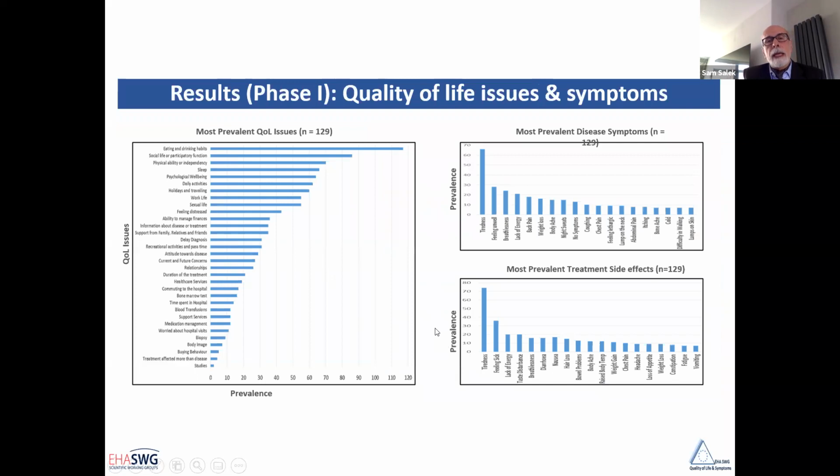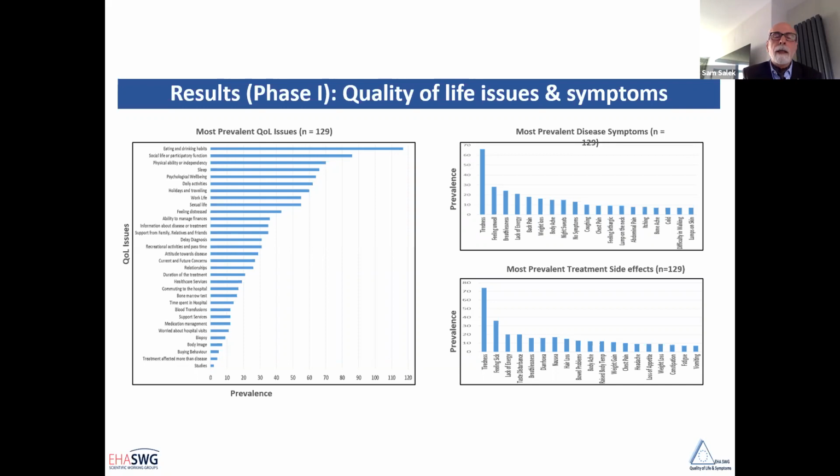Now, one of the important things is that what we actually managed to find in our systematic review in terms of the issues relevant to patients with hematological malignancies were replicated when we did our qualitative interviews, with what patients told us. So we can see how well we can superimpose both. You develop a framework from what you get from the literature, and then you do your empirical work, actually asking the patients what is important to them and what issues are coming up, both in terms of the impact as well as the signs and symptoms.